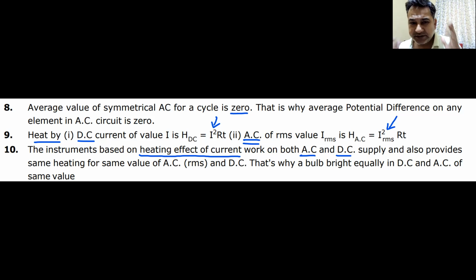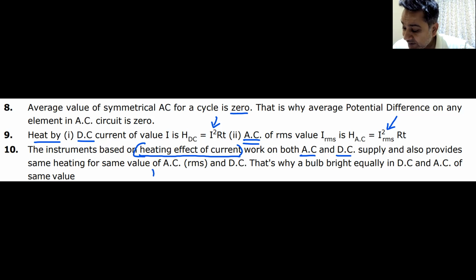A simple DC ammeter does not work on AC because it shows you 0. Do we remember this? Yes, sir. To measure AC, we use the heating effect of current.